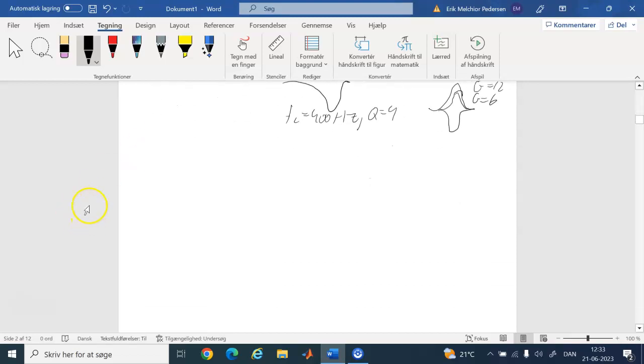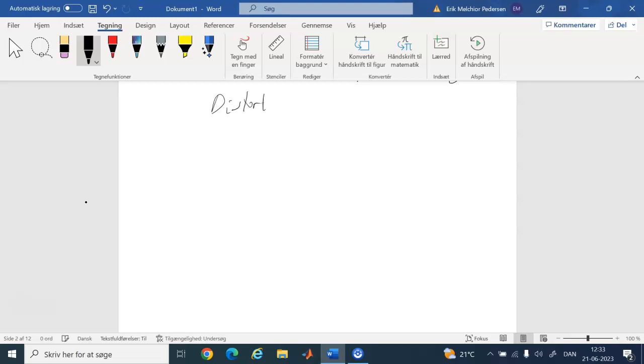Okay. And now let's continue with distortion. It is non-linearity, and because of non-linearity it creates additional harmonics.